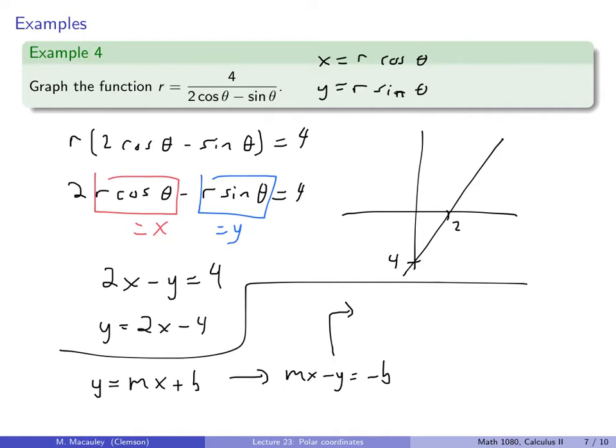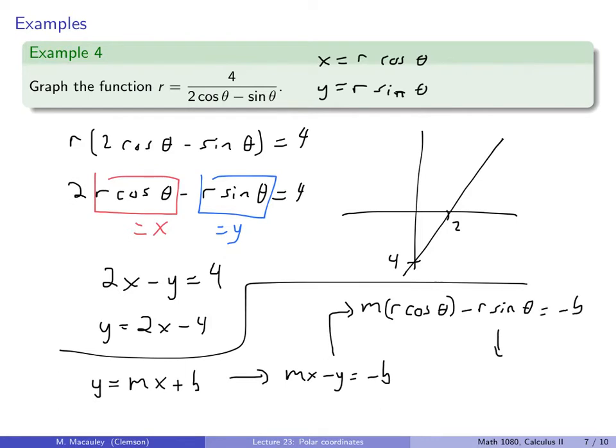I can write this as m r cosine theta minus r sine theta equals negative b.